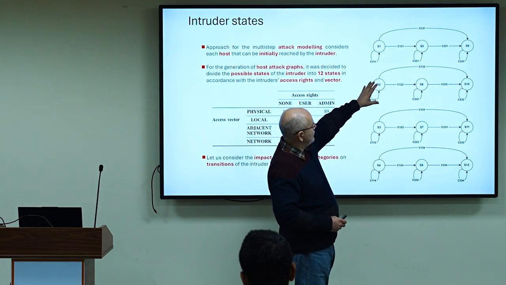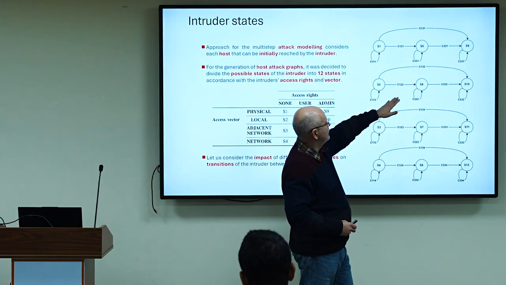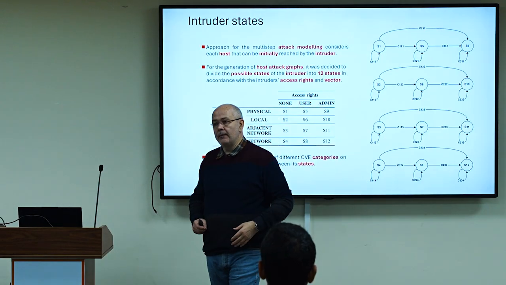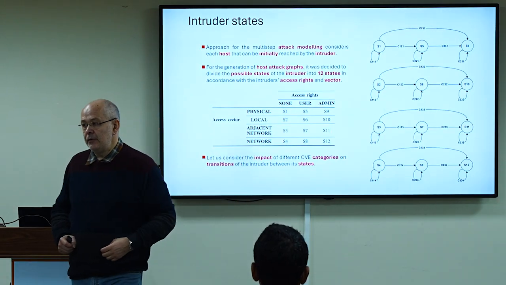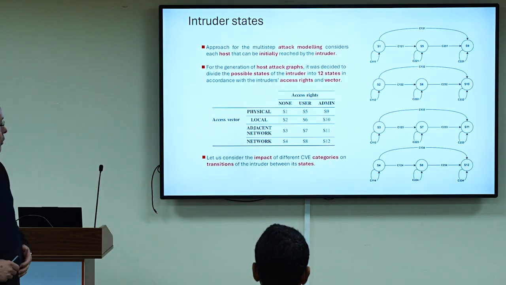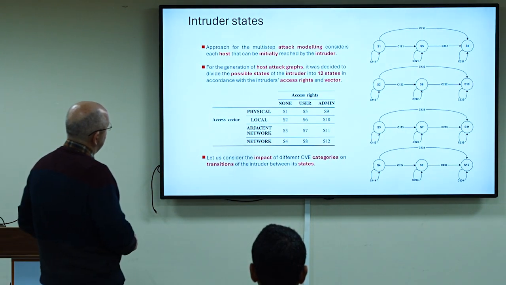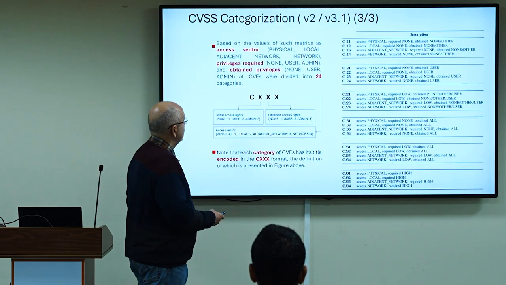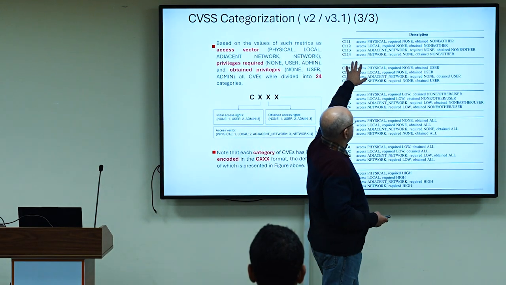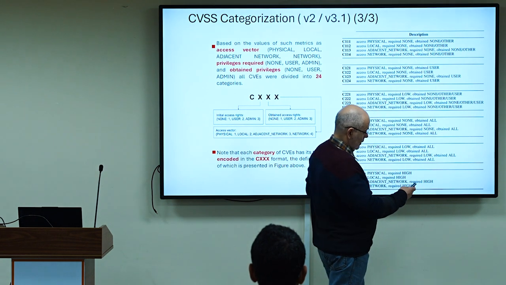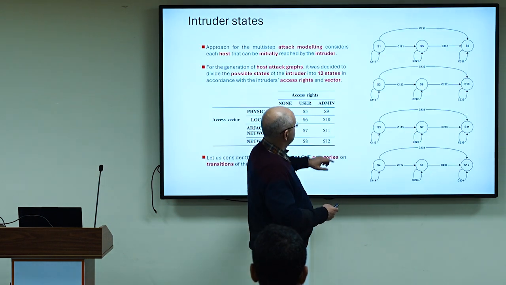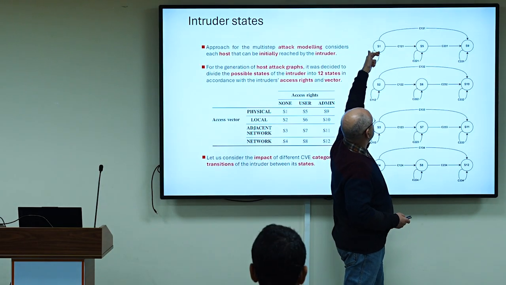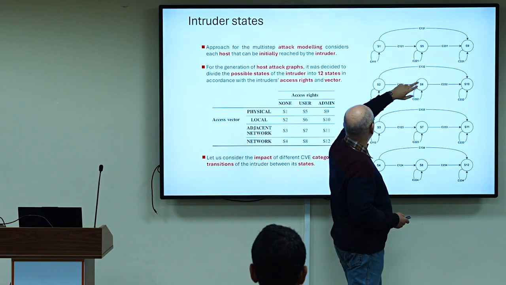And this is some fragment of the attack graphs. These are different transitions from one state to another which are possible here. For example, C11: physical required none, obtained none. In this case there is a loop here, or a loop from C1 to C5.